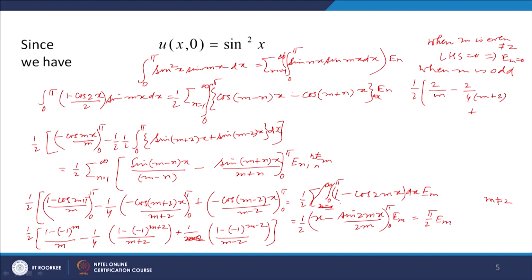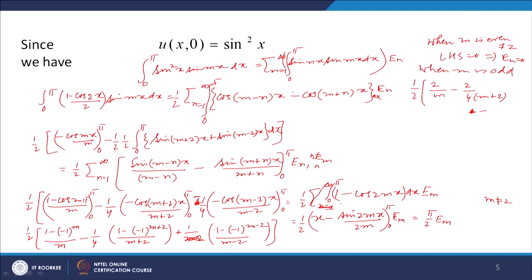This 1 by 4 has to be multiplied to both here also, because we are integrating this. So, this will also be minus, because we have a minus sign here, so that minus times this we shall have.